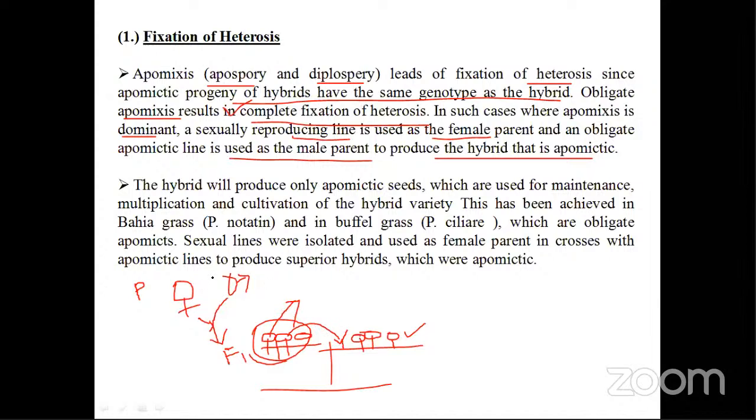There is no need to depend on the market or the company for getting the original hybrid seed, which is a costly affair, right? So the farmer can save money. The hybrid will produce only apomictic seeds, which are used for maintenance, multiplication and cultivation of the hybrid variety.